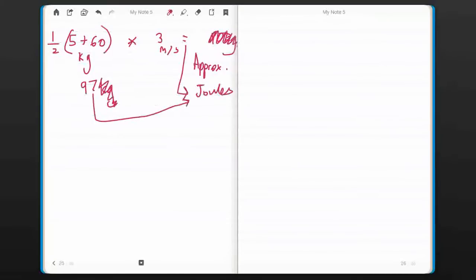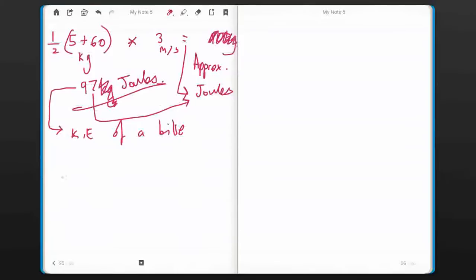Let's go with the more accurate one, 97. Let's call that the kinetic energy of a bike, 97 joules. Now let's compare that to a truck going at the same speed.